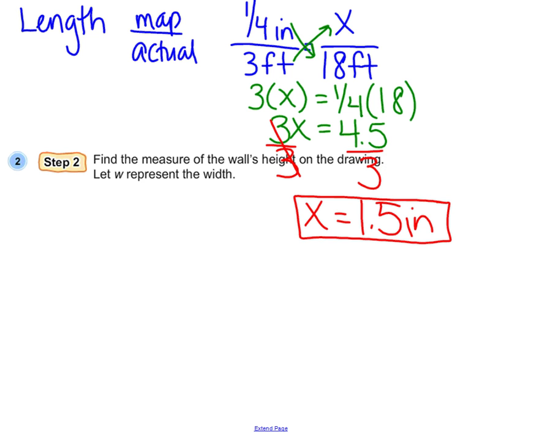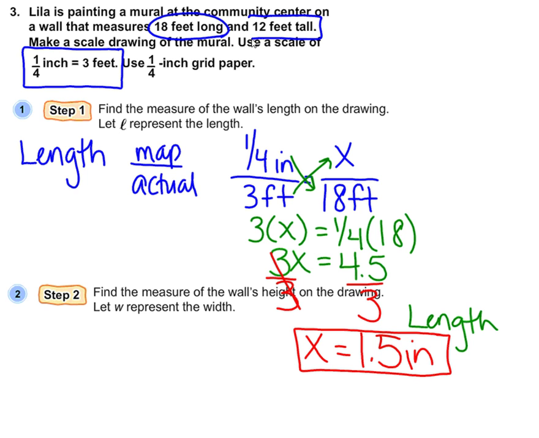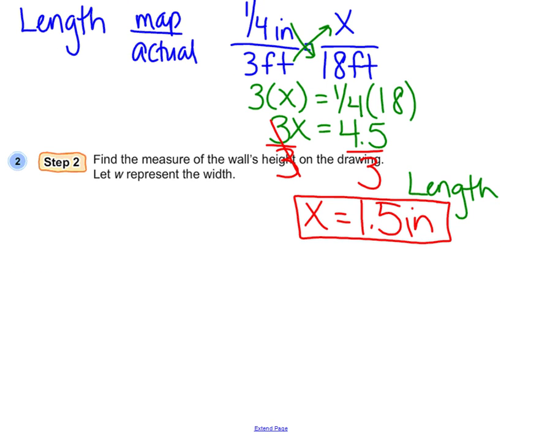Okay? Now that we found the length, and I'm just going to put length over here, we're going to try to find the width. If you look back at our example, the width was 12 feet tall. So we're going to basically do the same thing we did for the length, except instead of writing 18 feet, now we're going to write 12 feet.